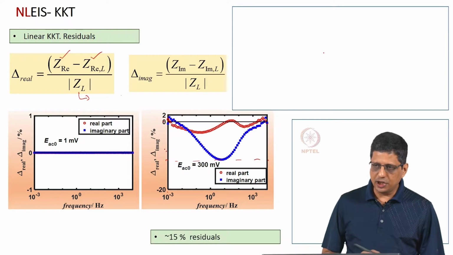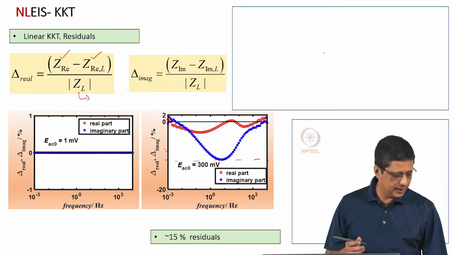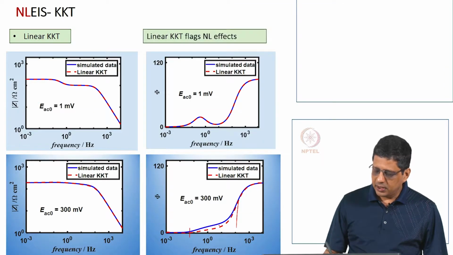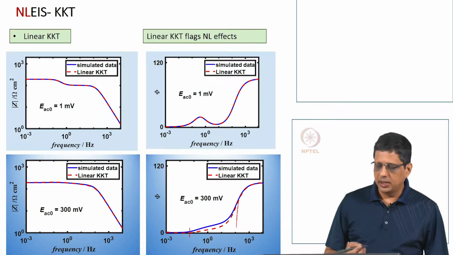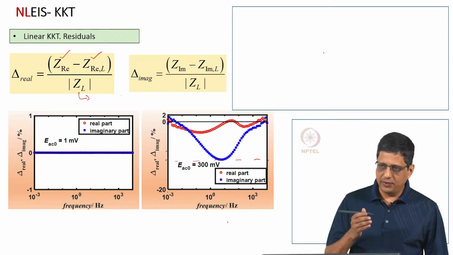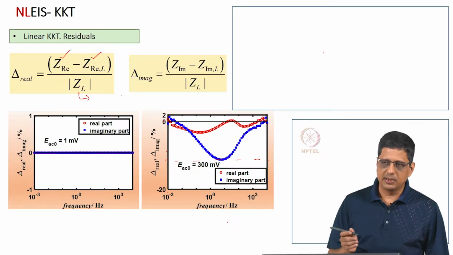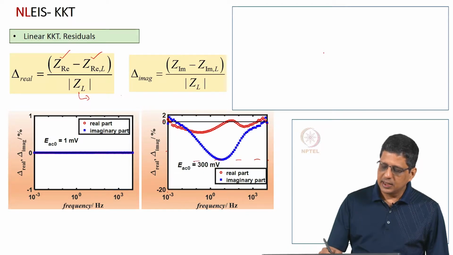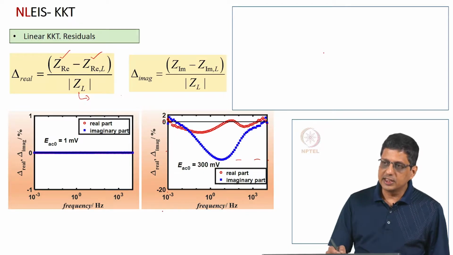So, it is fairly large, and that is what appeared as a difference in the phase value here, and you can say yes, there is a significant difference. So, even if you take data in real experiments with some noise, you should still be able to see a significant clear deviation, systematic deviation between the linear KKT predicted data and the original data.